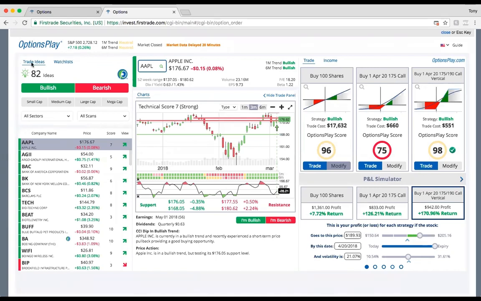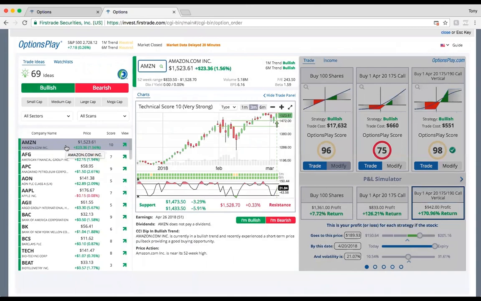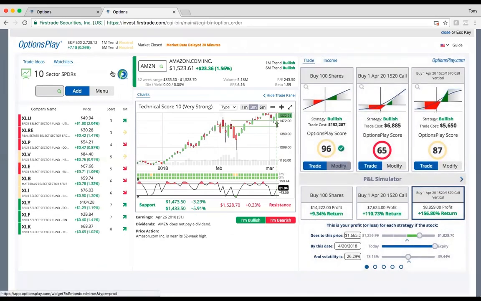So we have fresh trade ideas that are sorted by bullish and bearish every single day, and it allows you to sort and filter them as you please so that you can quickly identify potential opportunities in the market. You can also click on a watch list and start taking a look at what's currently moving in the markets. We have a sector watch list built for you so that you can see which sectors are currently strong and which sectors are weak.